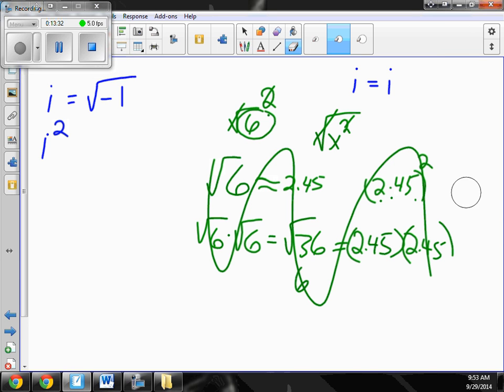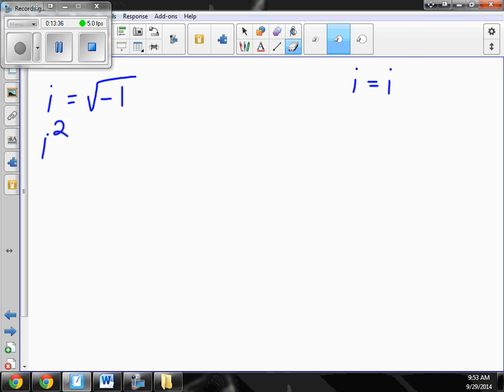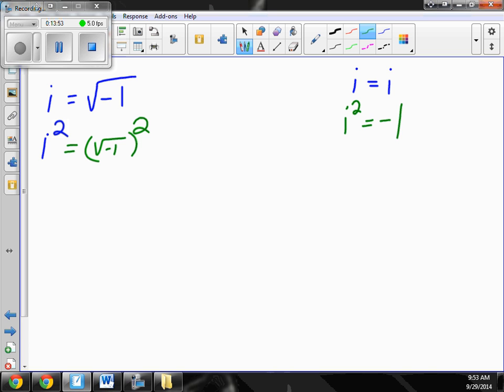So knowing that, what is i squared? Well, it equals the square root of negative 1 squared, which is just negative 1. So i squared equals negative 1, which is something that's never happened before. i is the square root of negative 1, and i squared is the number negative 1.